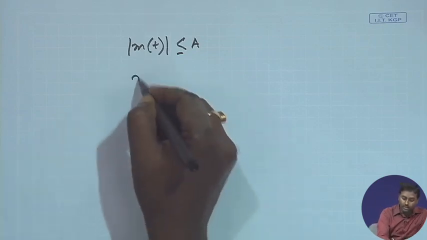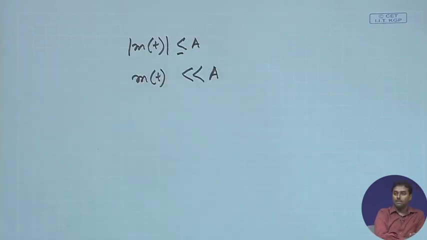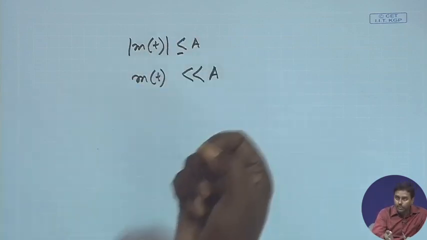Now I have a condition which is much more stronger. What does that mean? We have already seen that when it was taking equality with the tone modulation, we have proven that at that time I had the energy efficiency which is 33%. Anything more or mu lesser than 1, the energy efficiency will be lesser and lesser.